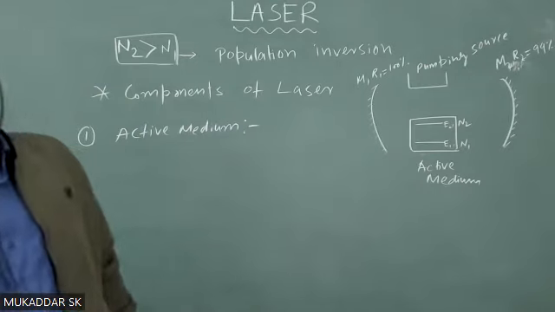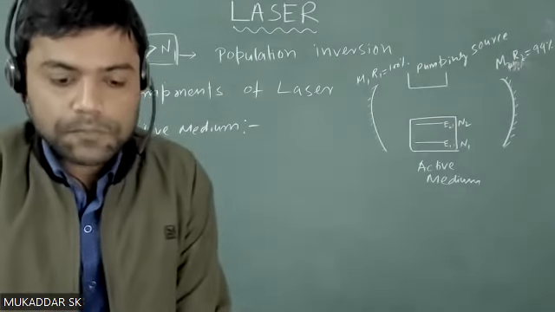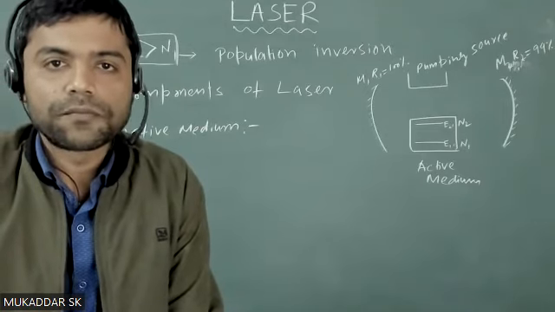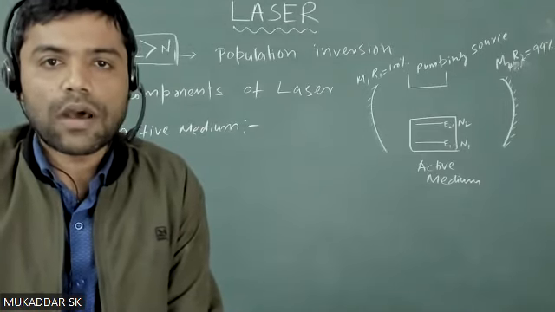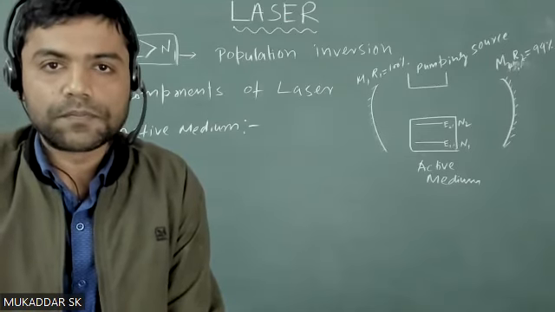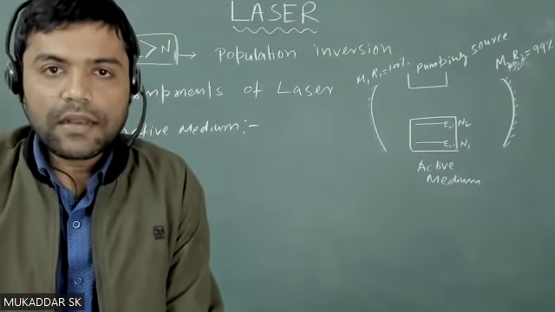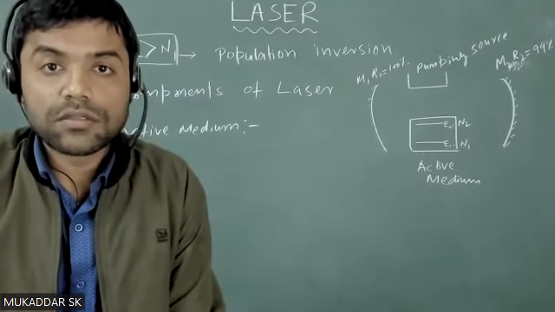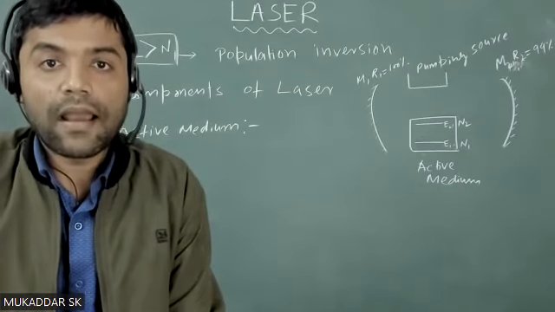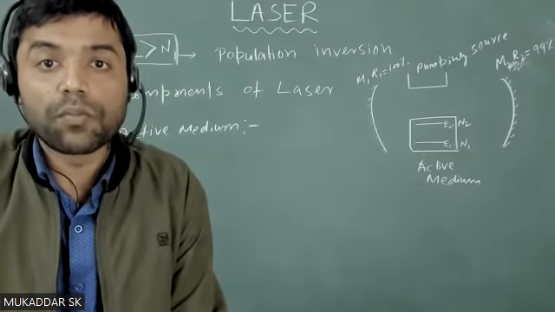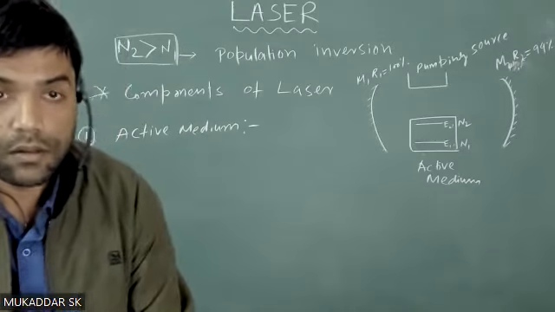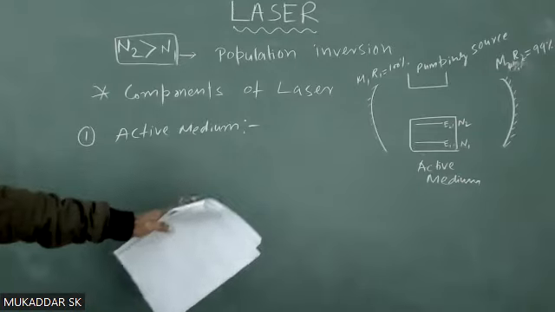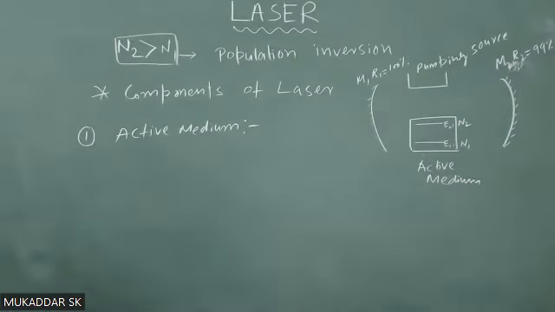We can mention that active medium is the collection of atoms or ions or molecules in which atomic transition takes place to produce laser light. It is the collection of atoms or ions or molecules in which atomic transition takes place to produce laser light.